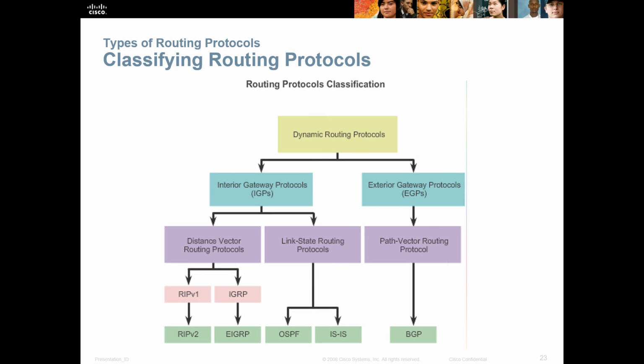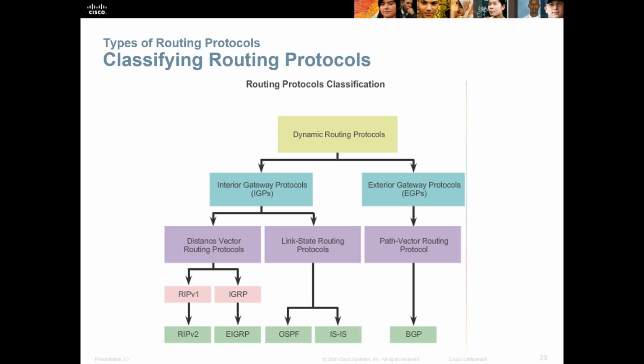So again, our dynamic routing protocols can be broken up into two different groups: interior and exterior gateway protocols, IGP versus EGP. Today we're going to focus on our IGPs, and they're broken up into, again, distance vector and link state. The difference here is that with distance vector, we really only care about our neighbors.